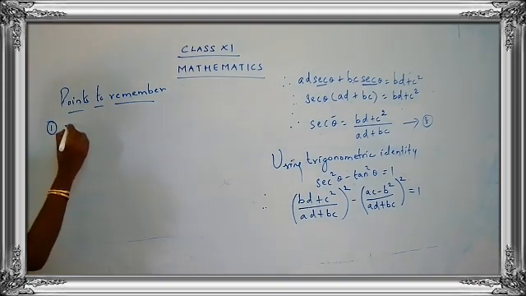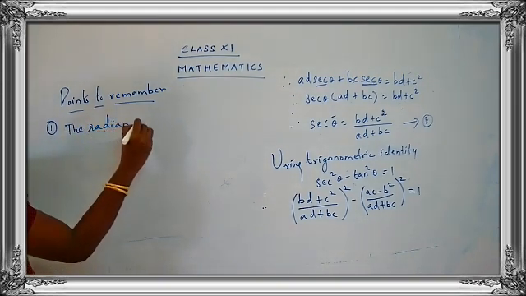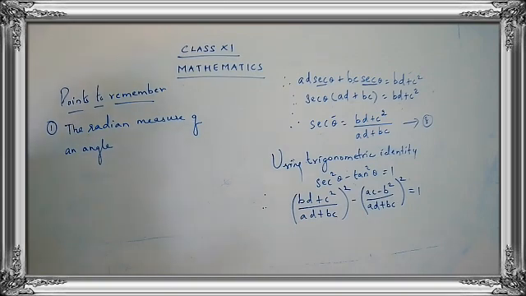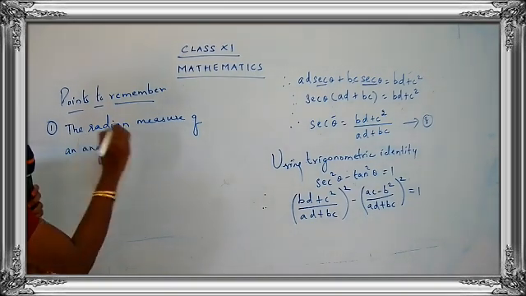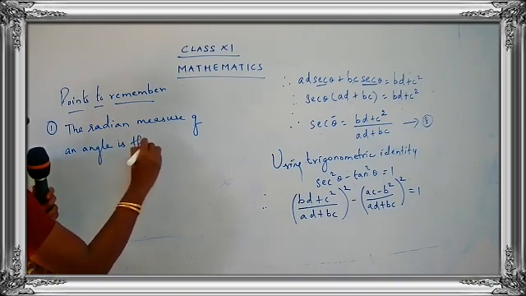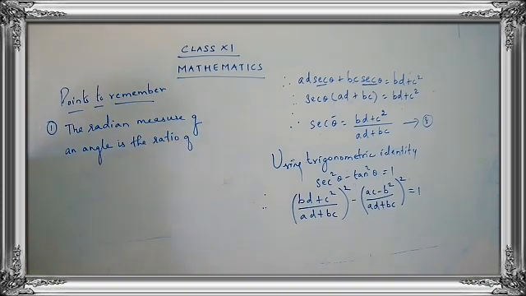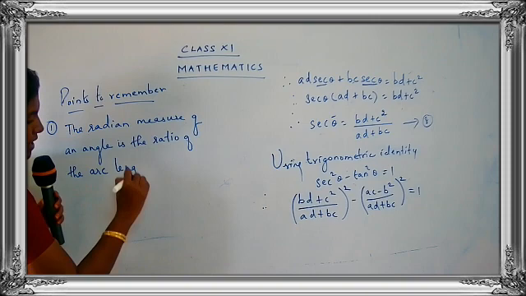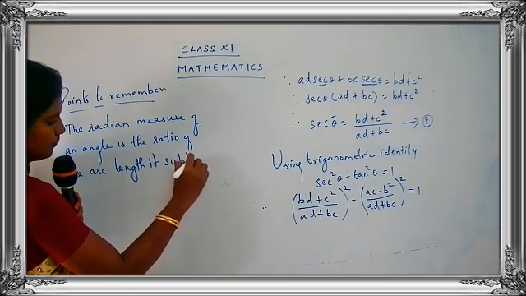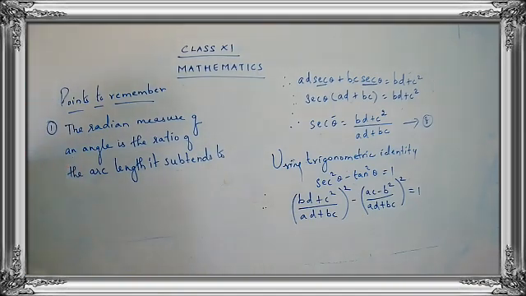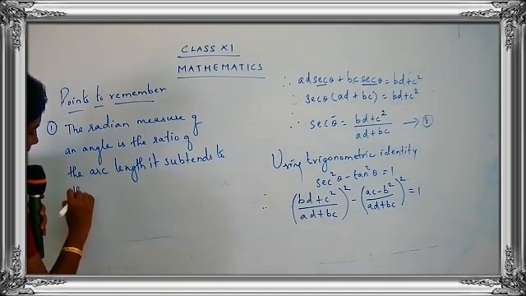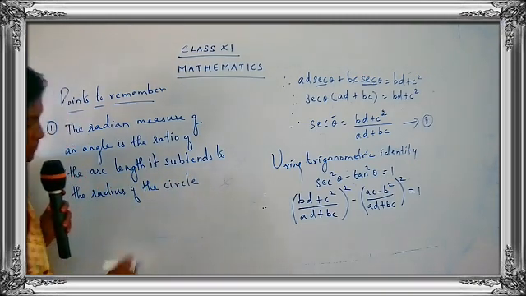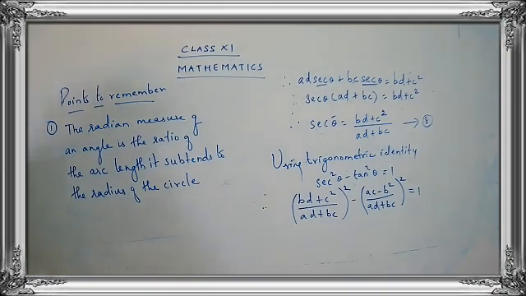The radian measure of an angle is the ratio of the arc length it subtends to the radius of the circle in which it is the central angle.